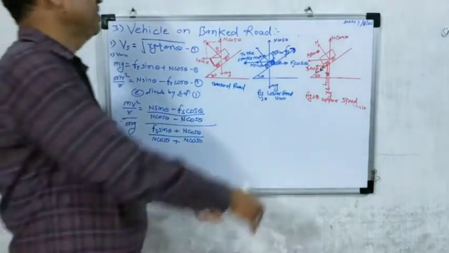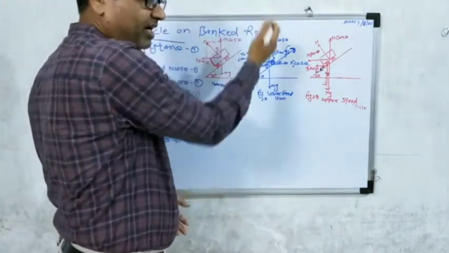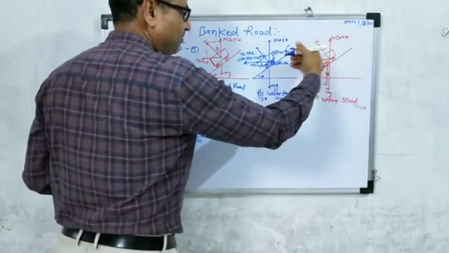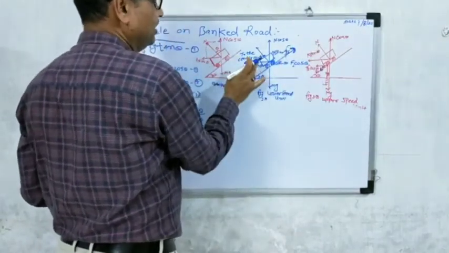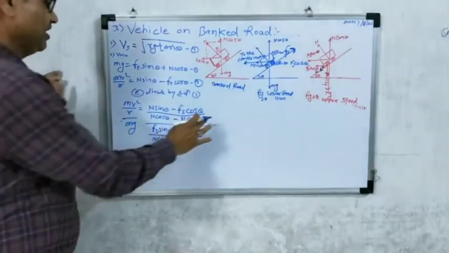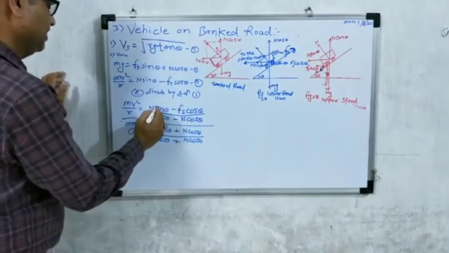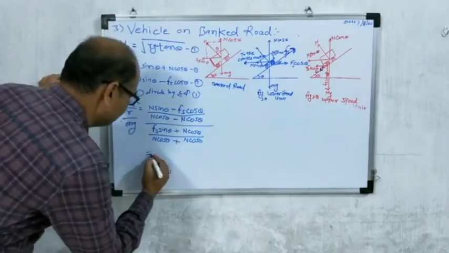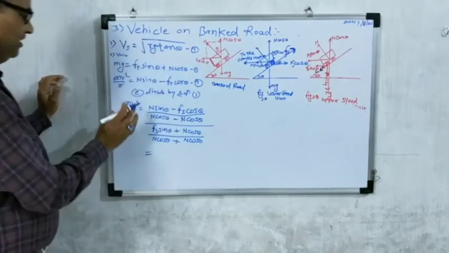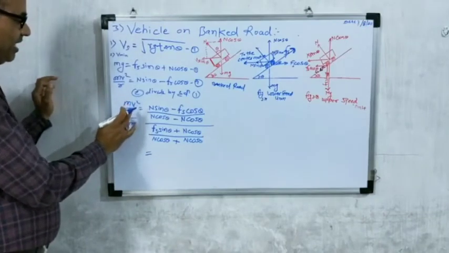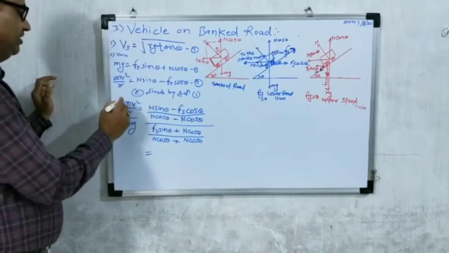The normal reaction should be provided in the vertical direction, but the centripetal force should be necessary at the center. Therefore, in this equation, n sin theta divided by cos theta is equal to, on this side, mv square divided by r divided by mg.